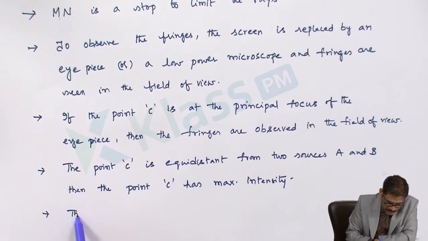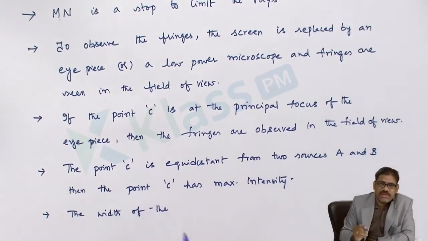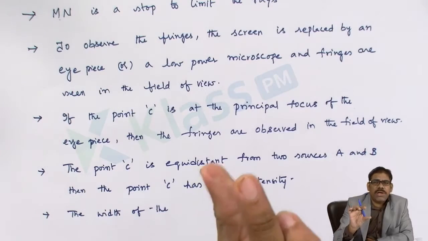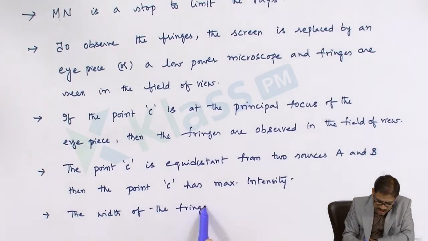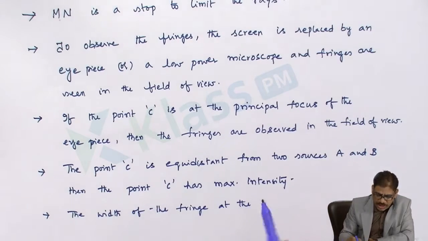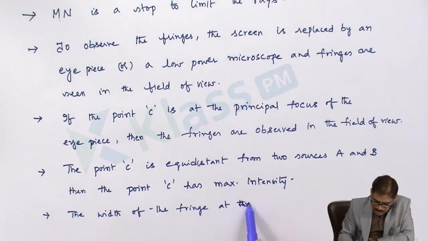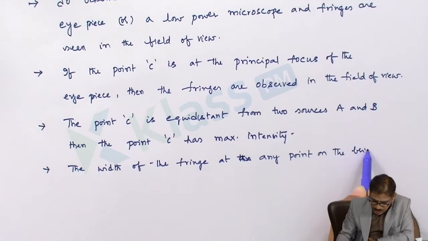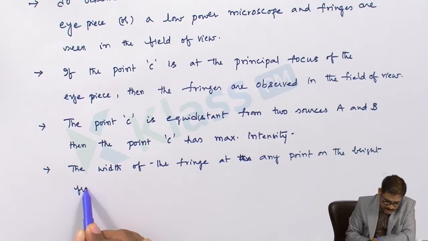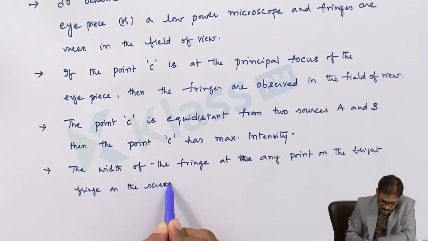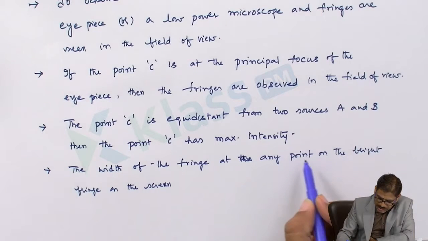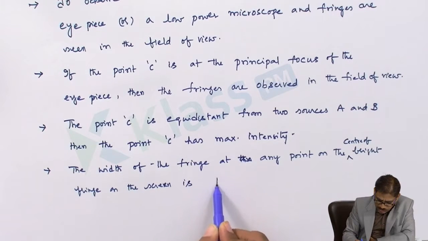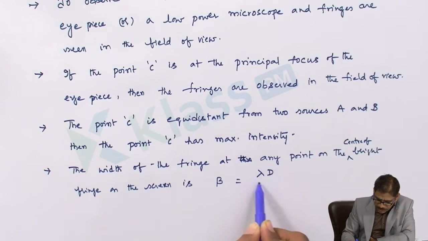Now at that particular point, we already said that there are alternate bright and dark fringes being formed around that point C. So to calculate the width of the fringe at any point on the bright fringe on the screen, at the center of the screen rather, it is given by beta is equal to lambda D by small d.